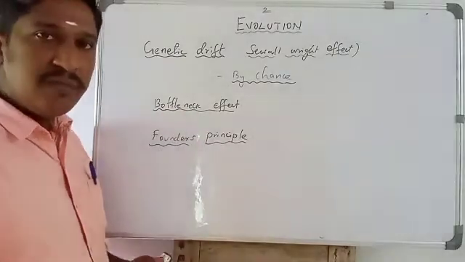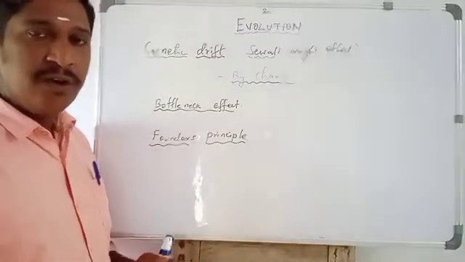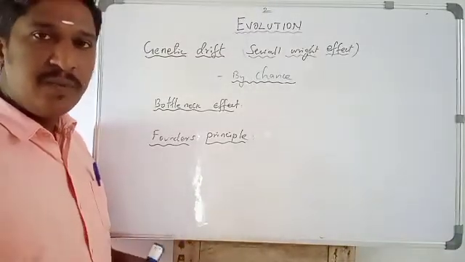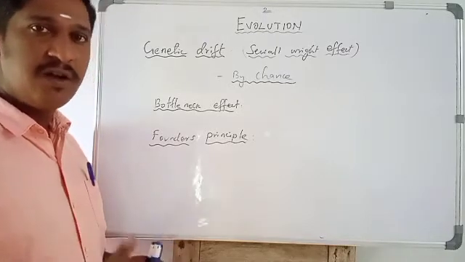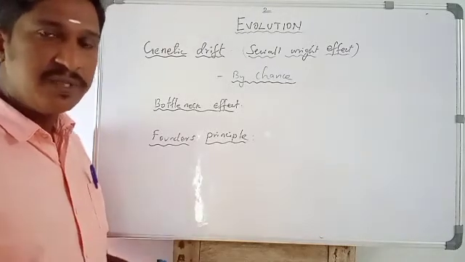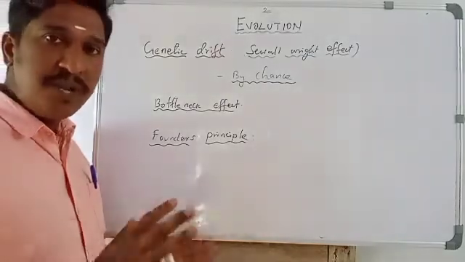In the bottleneck effect, a population living in a particular region is hit by natural calamities such as disasters, storms or volcanic eruptions, which reduce the population size.